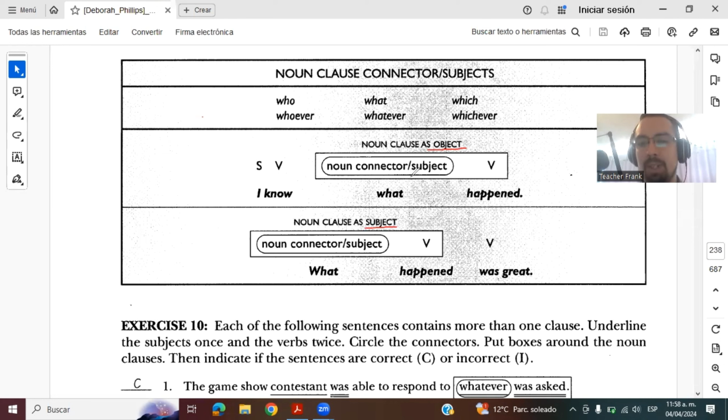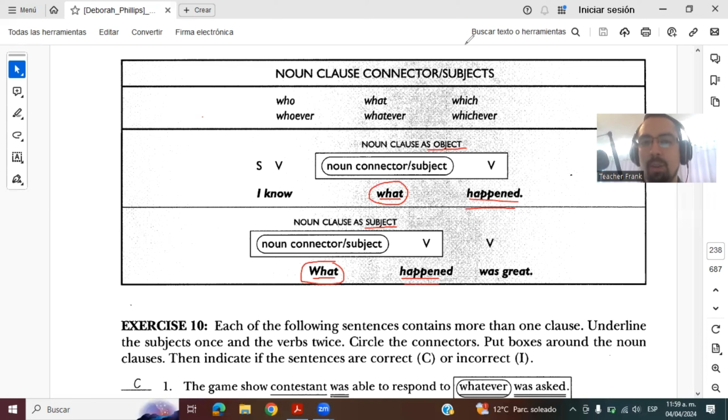Yo sé lo que pasó, right? And in this case, what happened is a connector and a subject of the verb happened, right? And it's correct. Or what happened was great, right? In this case, what is in the beginning, it's the subject of happened, right? And all of that is going to be the subject of was great, okay?